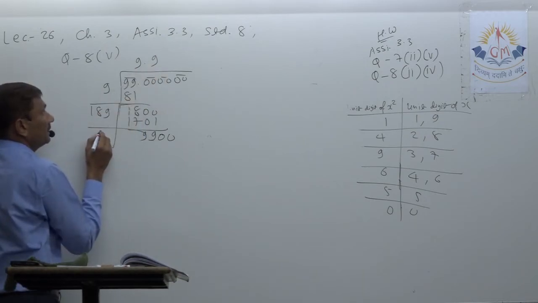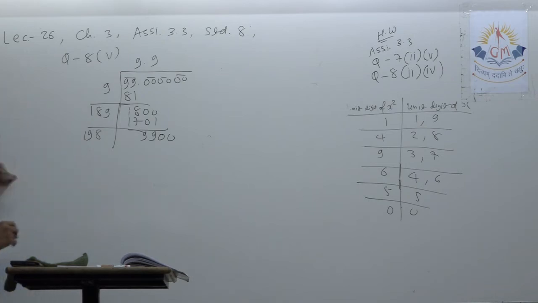It will be 198. Now again 1981 into 1, 1982 into 2, whatever you want, just multiply with the same number.